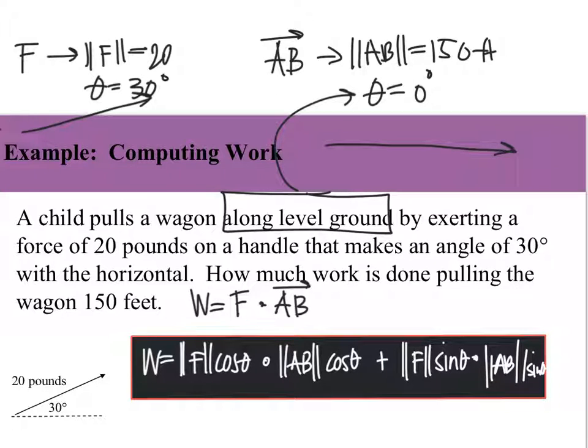All right? Now, if we fill stuff in here, we fill in 20 there, 30 here, 150, 0. We fill in 20 here, 30 there, 150, and 0.